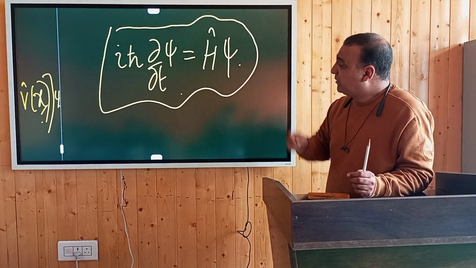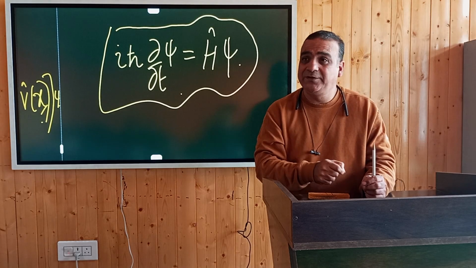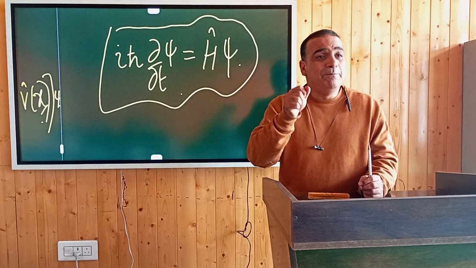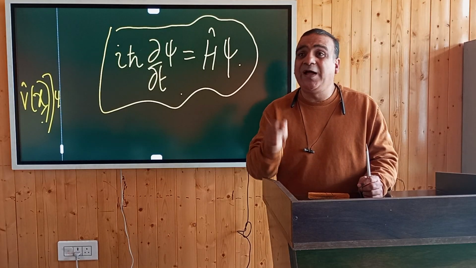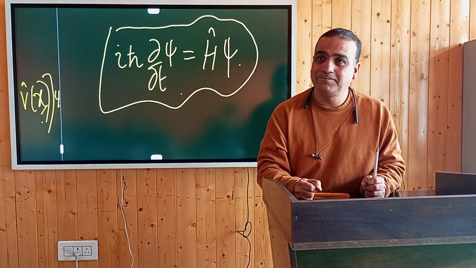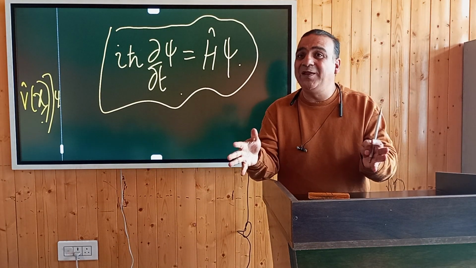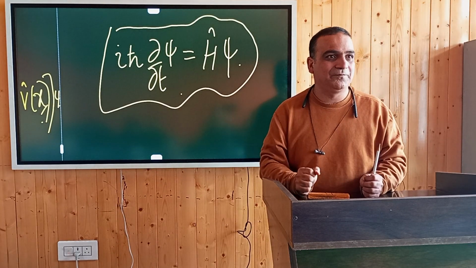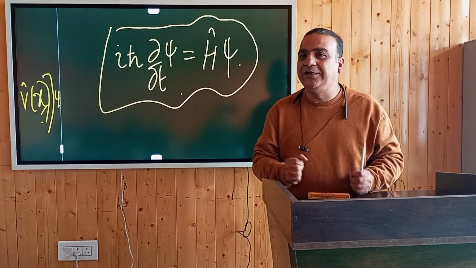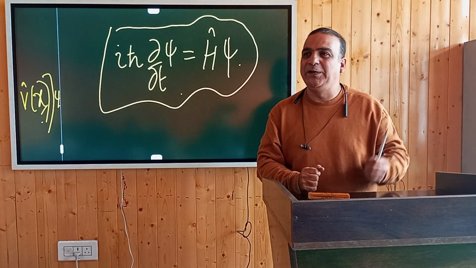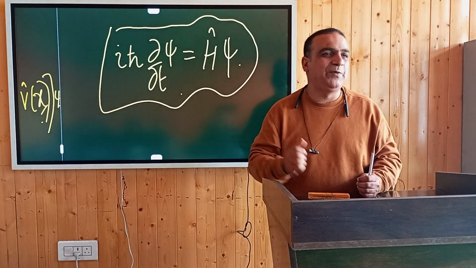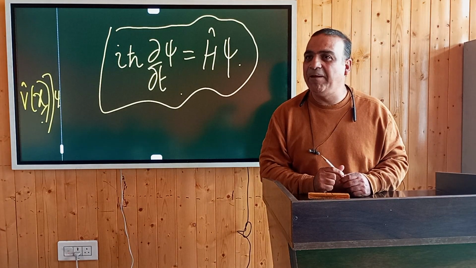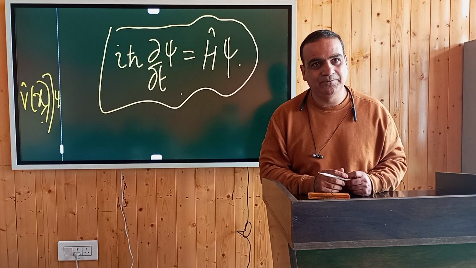And believe me, the moment this equation was developed, at the same time there was the matrix formalism developed by Heisenberg. And the two formalisms were representing the same problem. And it was concluded that Schrodinger's picture and Heisenberg's picture are the two faces of the same mathematical coin.